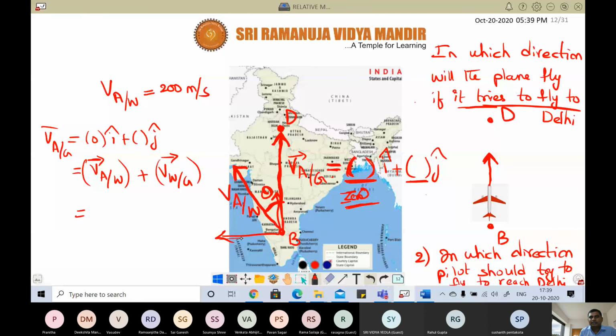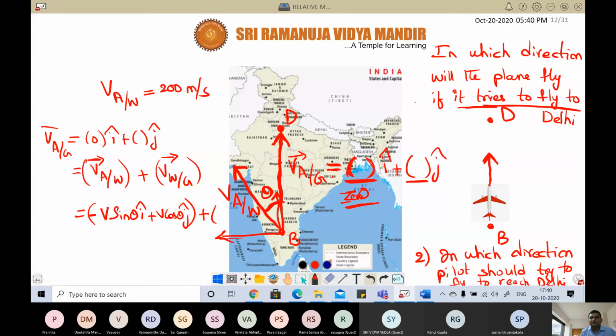This component is sine, sorry, and this component is cos. So I can write this as minus v sine theta I cap plus v cos theta j cap, where v is the velocity of the aeroplane, plus velocity of wind with respect to ground.